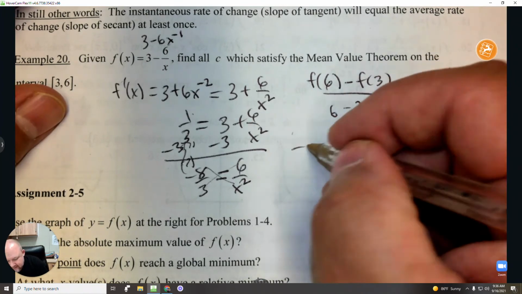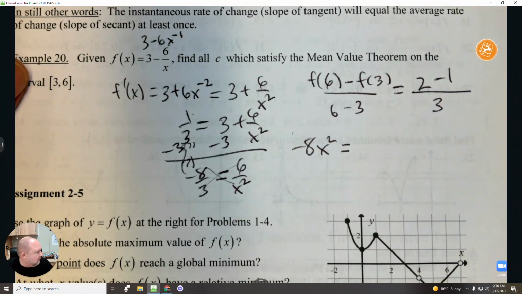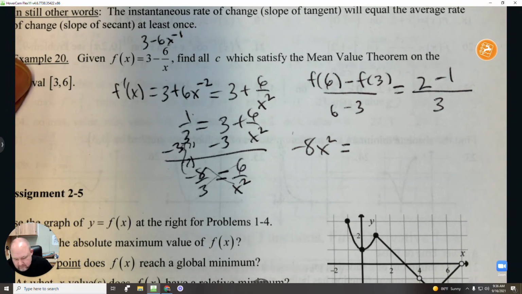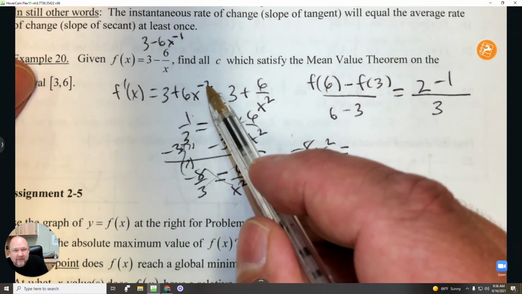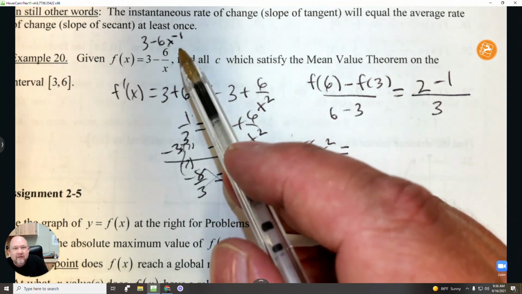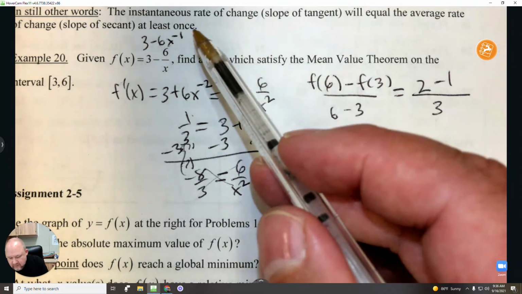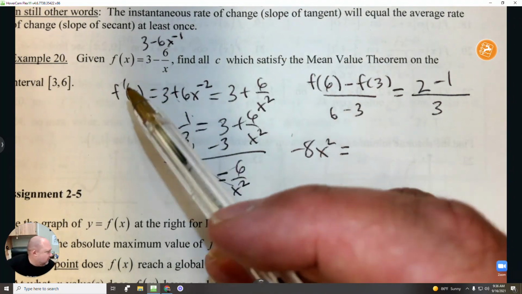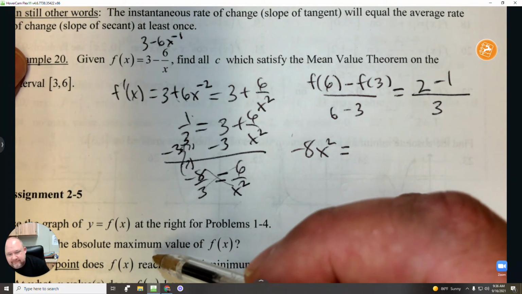So it's -8x squared is equal to, oh, wait a second. You know, I did something wrong. And negative here. Well, the derivative is positive, right? Oh, I know what I did wrong.